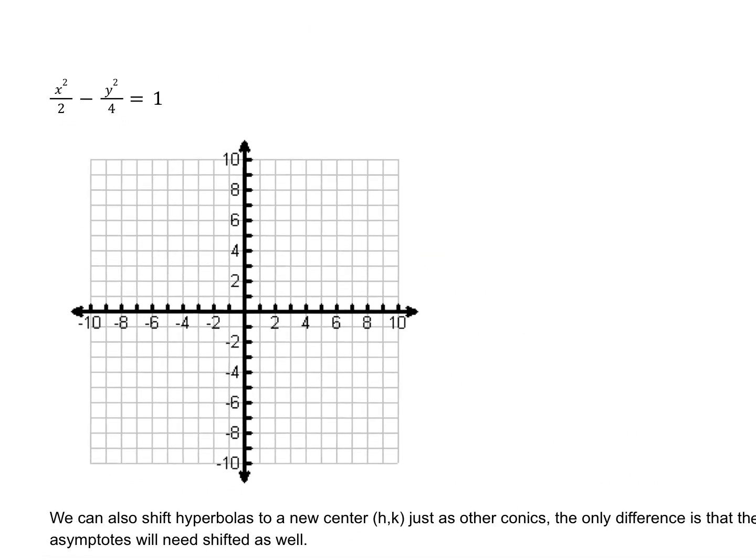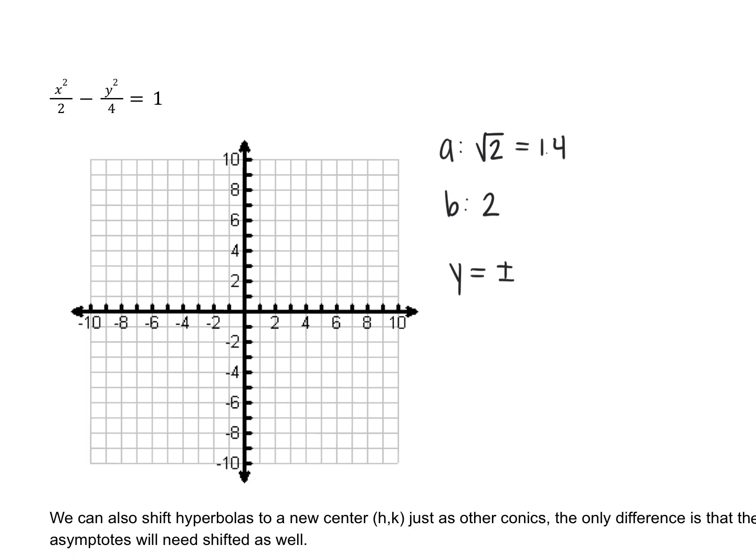For our next example, we have x squared over 2 minus y squared over 4 equals 1. So a is going to be the square root of 2, which is about 1.4. b is going to be 2. And I'm not going to go ahead and find c, because I don't really need it to graph my hyperbola. Now I need to do the equation of my asymptotes, which is going to be y equals plus or minus.